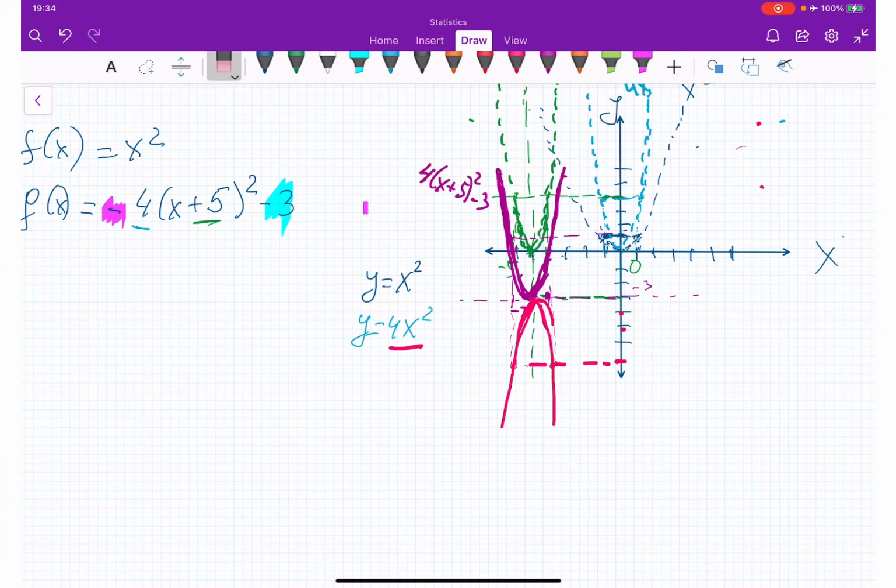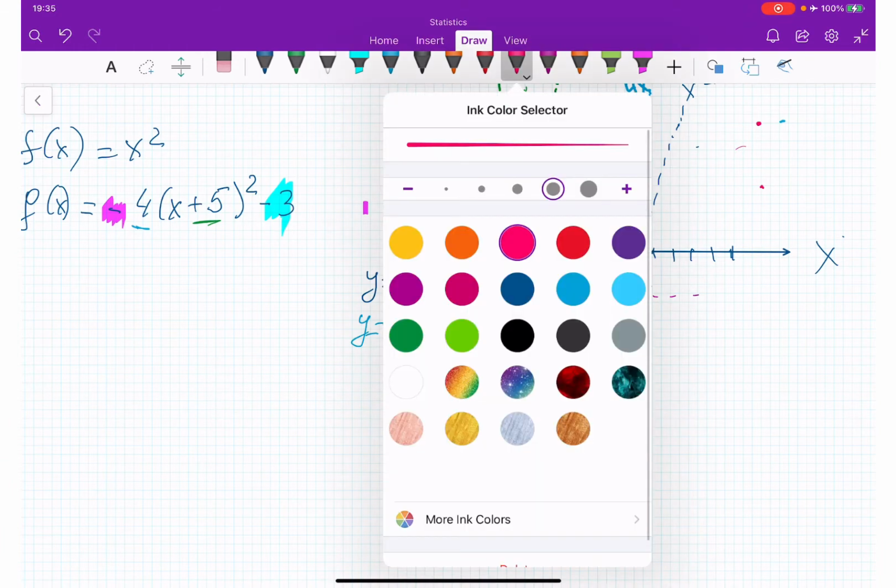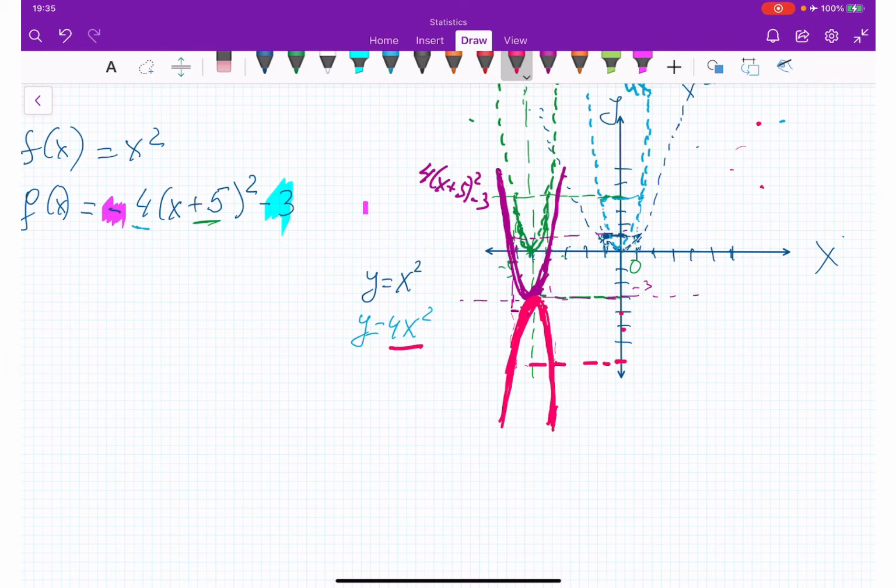Okay, so the graph is going to look like this. So we practically took this one, we took it and flipped it. Okay, and now this is our final result.